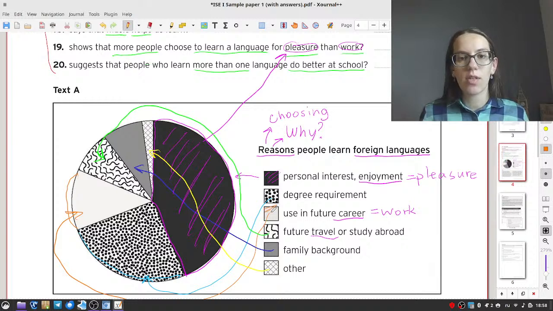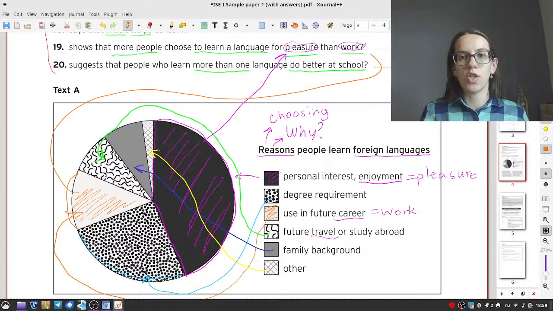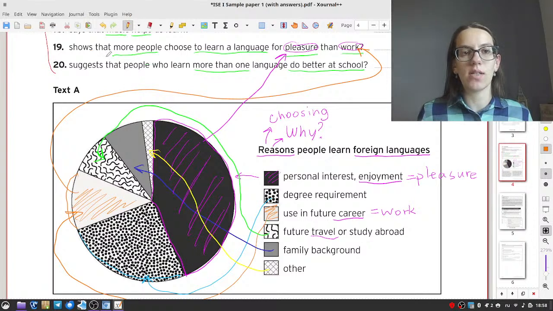This part here is use in future career, so this corresponds to learning a language for work. So now, do we agree that this text shows that more people choose to learn a language for pleasure than for work?